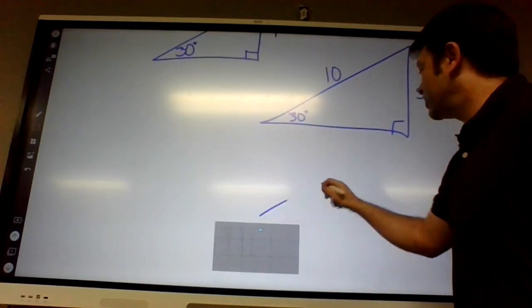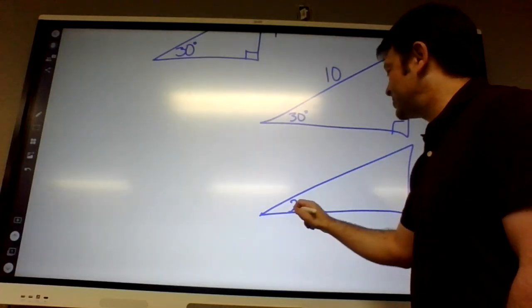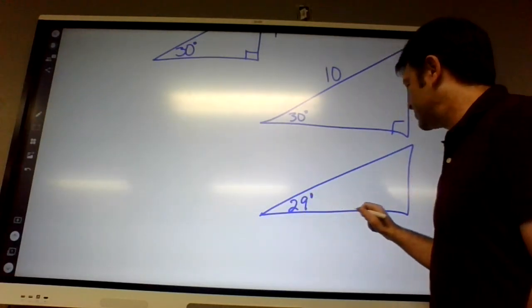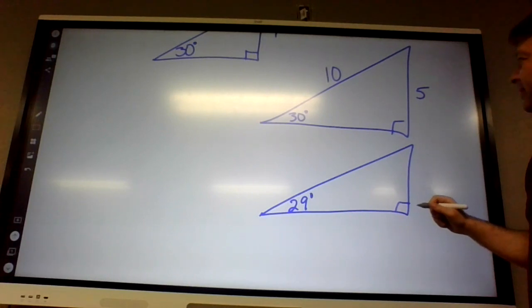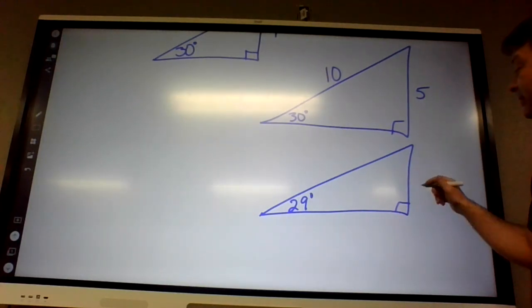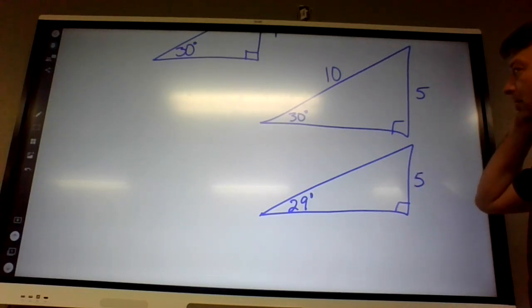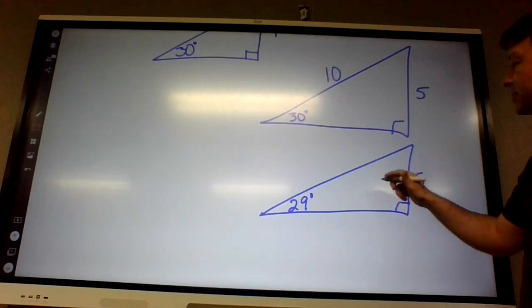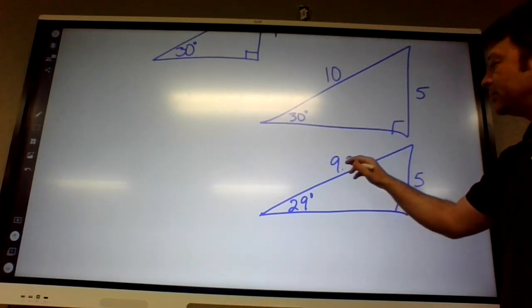Well, what if this was 29 degrees? Well, it's not going to be 5 and 10 anymore. Let's say this one was still 5. This one would only be like 9.9.